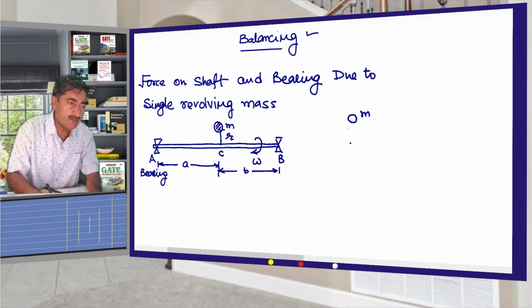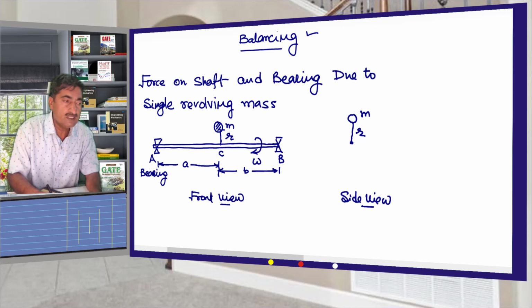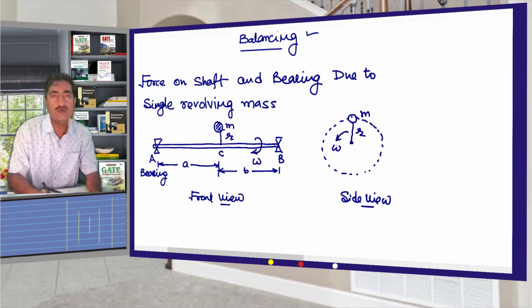This is mass m, this is r, this is the center. This is the front view, and this is the side view. The shaft rotates at angular velocity omega.